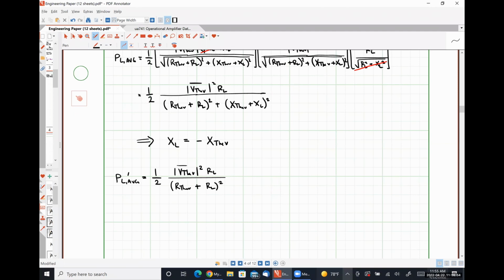Well, if we neglect this factor of 1/2, this is literally the exact same expression that we maximized in 221 to determine the DC value. So by recognizing that this is the exact same expression that we maximized previously, we know this achieves its maximum value when RL is exactly equal to R Thevenin.